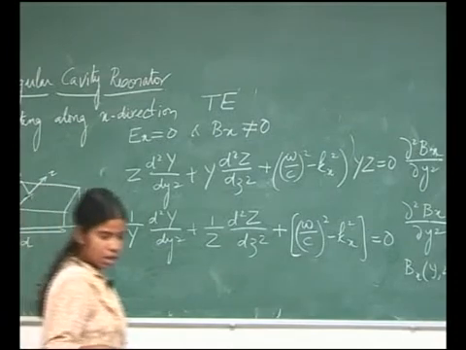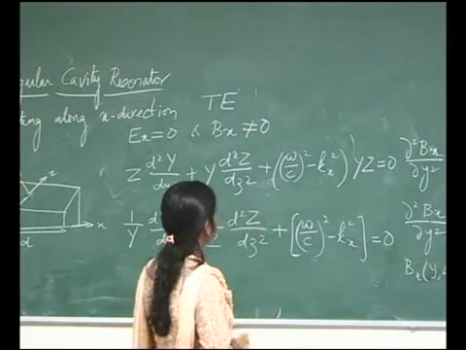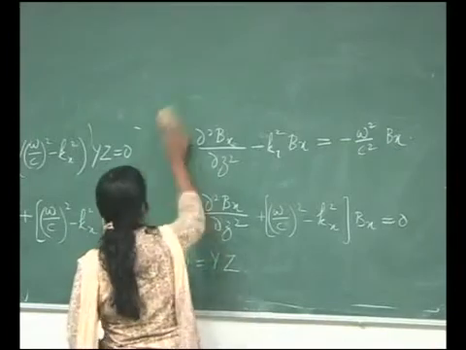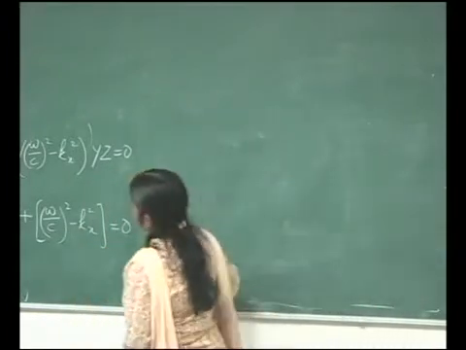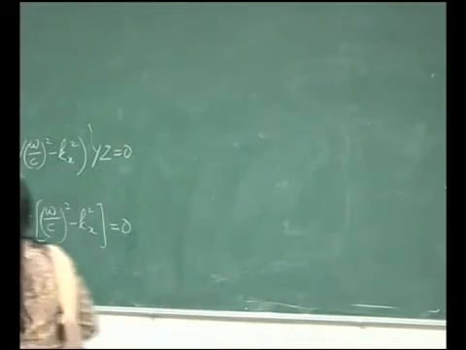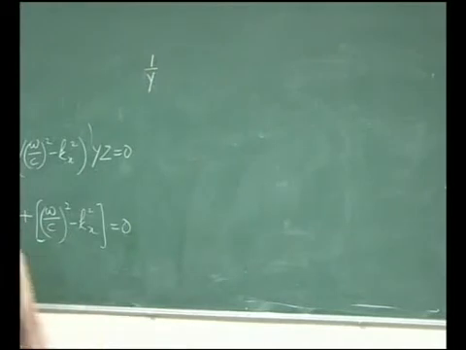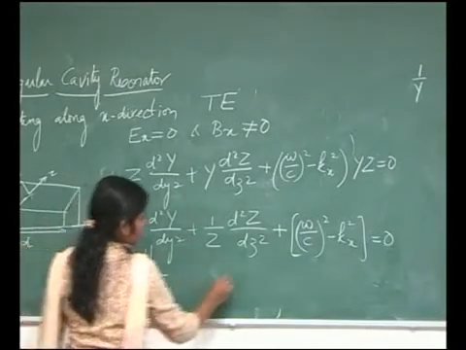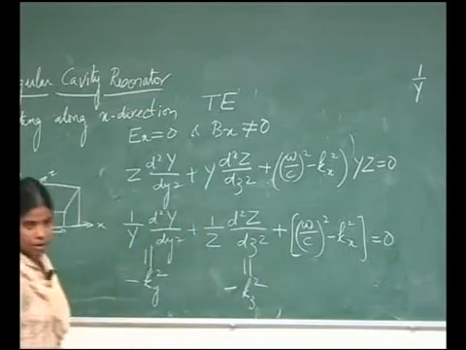So, what I will be doing now is, I will write down the solution. I will remove this part because this is not required anymore. So, I will assume that this part is minus ky square and this part is minus kz square.